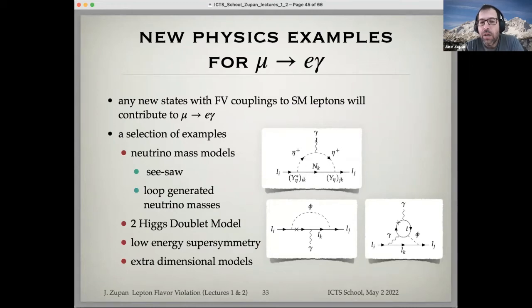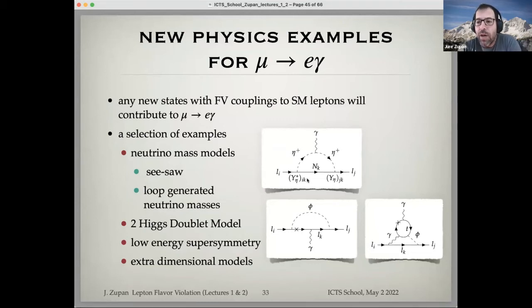Since there are charged states running in the loop, the photon couples to them. As soon as we have mu coupling to something new, a mu to E gamma is generated. That's why these probes pose very severe bounds on new physics models: you need to make sure that there is no flavour violation in the model. So there has to be a reason why these are small if new physics is around the corner.